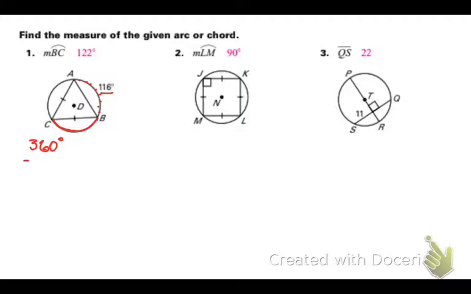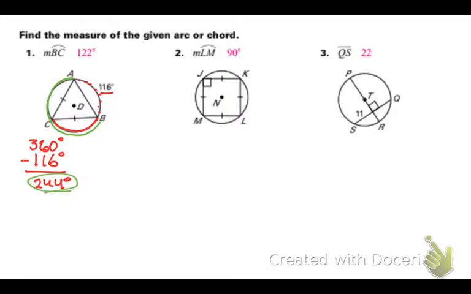So if I subtract 116 degrees, I have 244 degrees left. So this whole measure here is going to be 244.